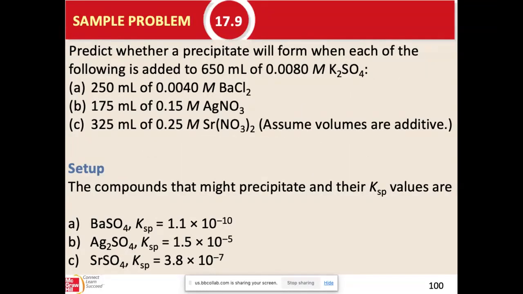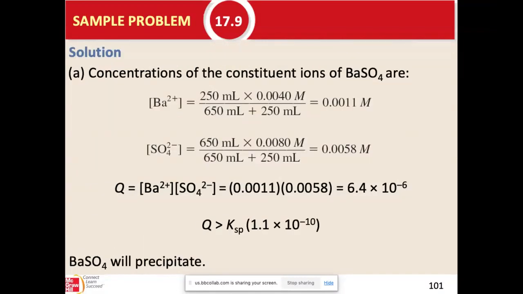We have 650 ml of the potassium sulfate, and we have 250 ml of 0.04 molar barium chloride. Let's first find the concentration of the barium ion.